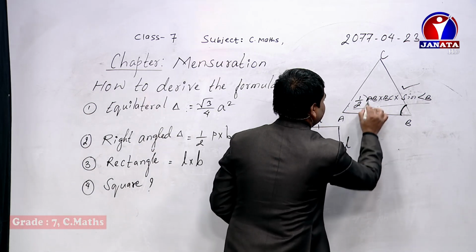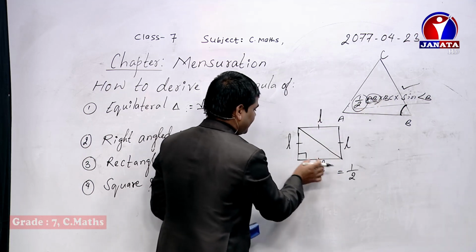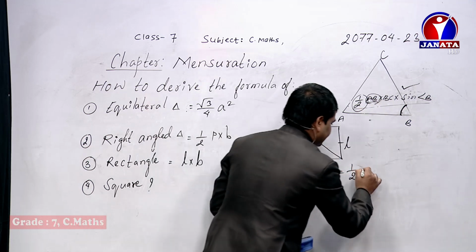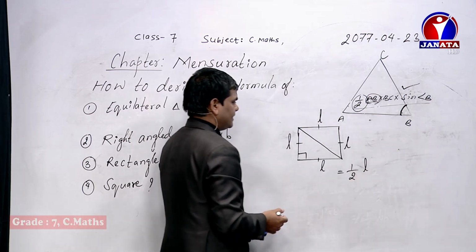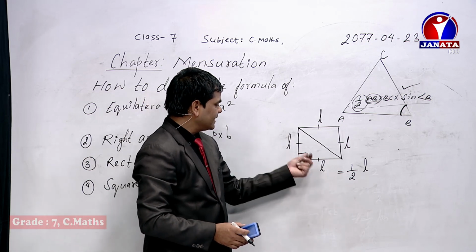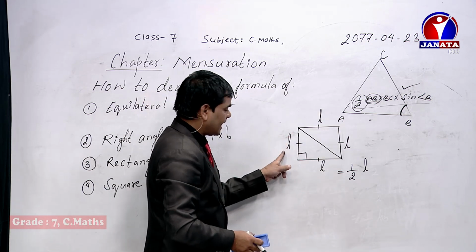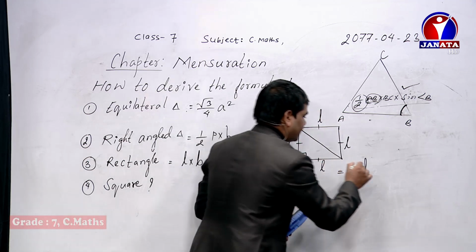1/2, here is 1/2, isn't it? So 1/2 AB, you can suppose either this one or this one as AB. So length is there in terms of AB. What is there in place of AB? Length. Then in the place of BC, there is another side as length, again length.